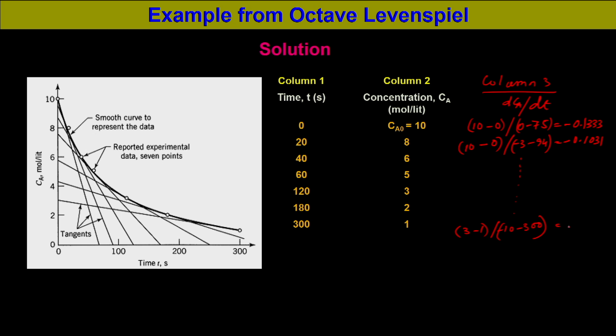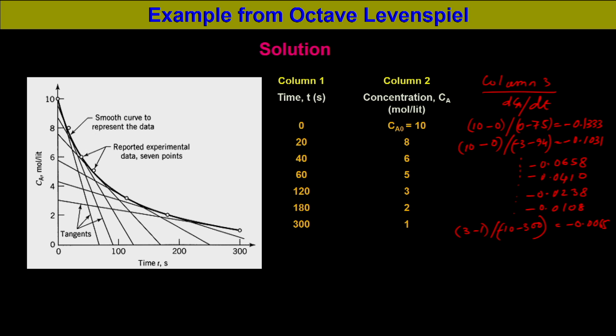So, it would be about minus 0.0065. So, the other data points we can write are minus 0.0658, then minus 0.0410, minus 0.0238 and minus 0.0108 and 0.0065.